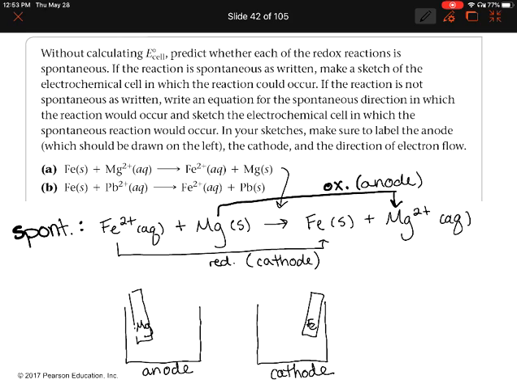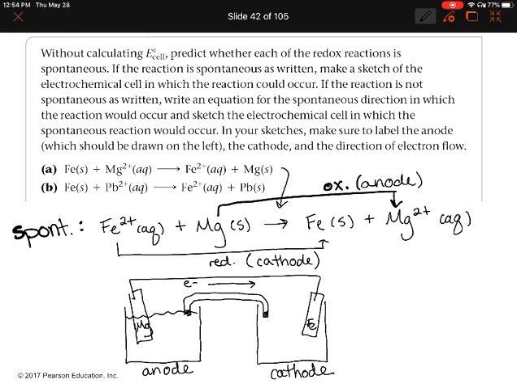Iron should be on the right. And then we'll connect those with a wire, and electrons are going to flow from magnesium to iron, because remember, magnesium is going to lose electrons, iron is going to gain electrons. And then we also need a salt bridge, so I'll draw one of those here.